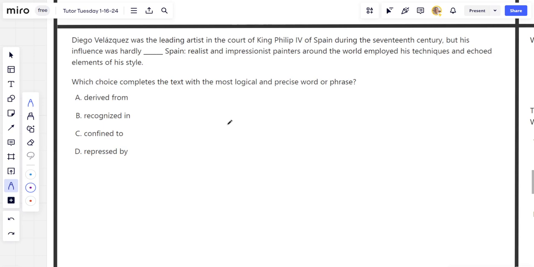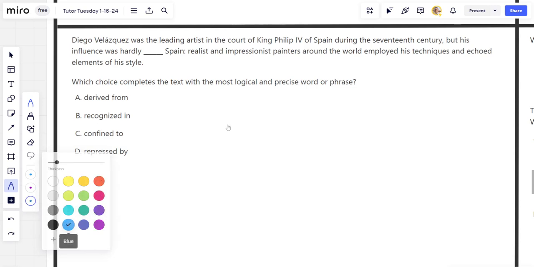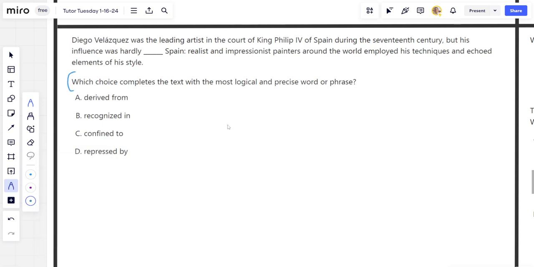Okay, this one looks like a words in context question. I can already tell just by the question stem right here. It's asking how can we fill in the blank with the best word or phrase. So let's see what they're actually saying here, the context. Diego Velázquez was the leading artist in the court of King Philip IV of Spain during the 17th century, but his influence was hardly blank Spain.